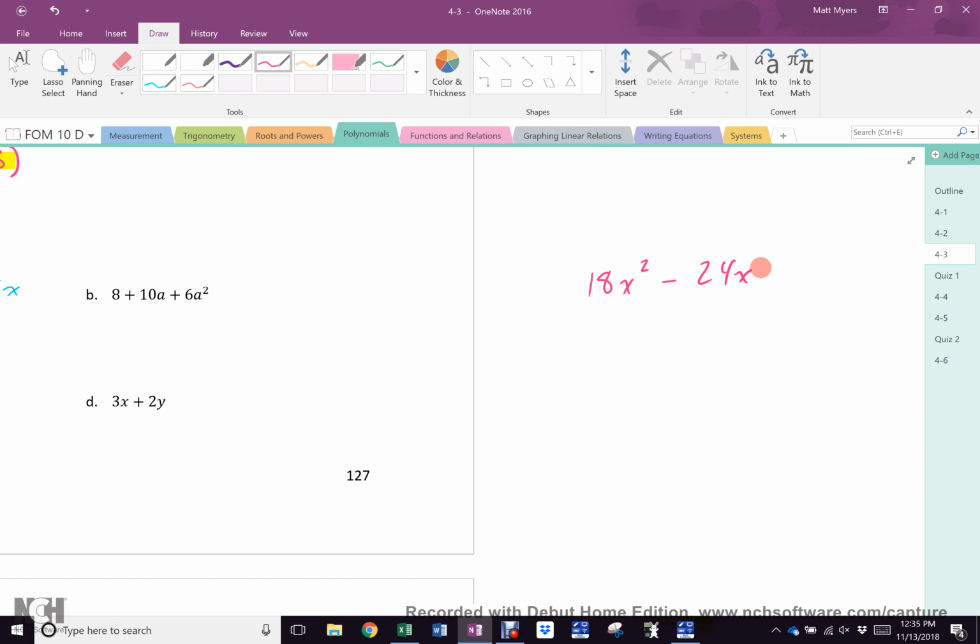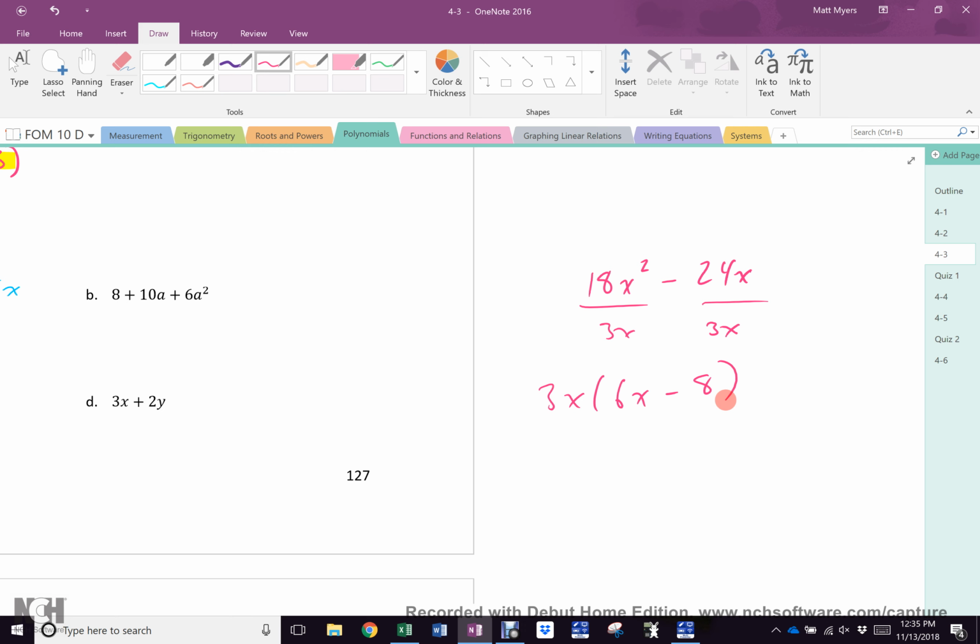That's 3. It's 3x. You're not fooling me. And you'll divide them both by 3x. And you'll bring it out, 3x. And then you'll write 6x minus 8. And you'll stop. Of course it's 6. It's the greatest common factor.